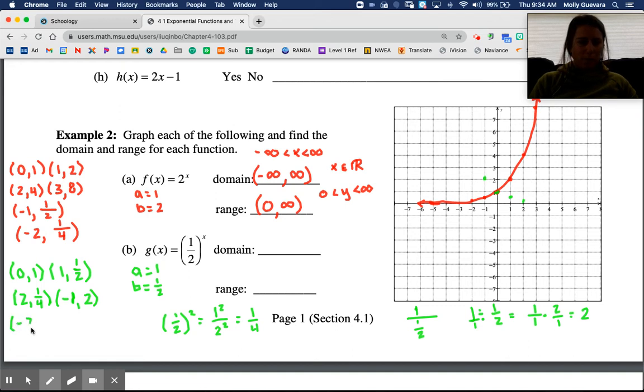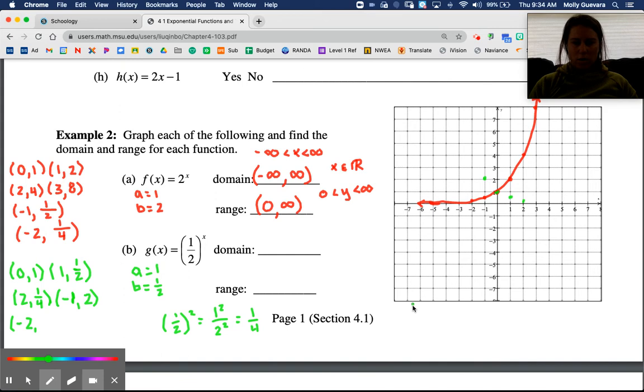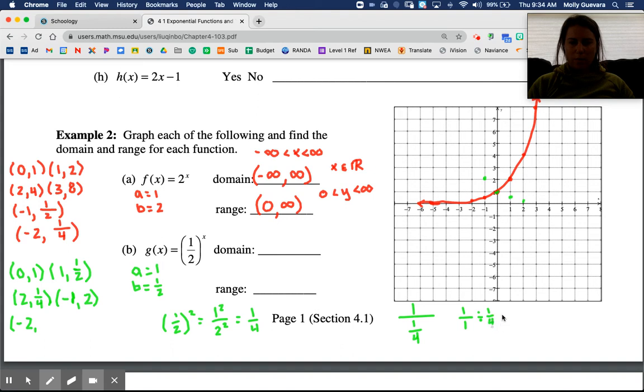At -2, it's 1 over b squared. I know that b squared is 1/4, so it'll be 1 over 1/4. And I do the same thing. 1 divided by 1/4, and I copy, dot, flip, and I get 4.